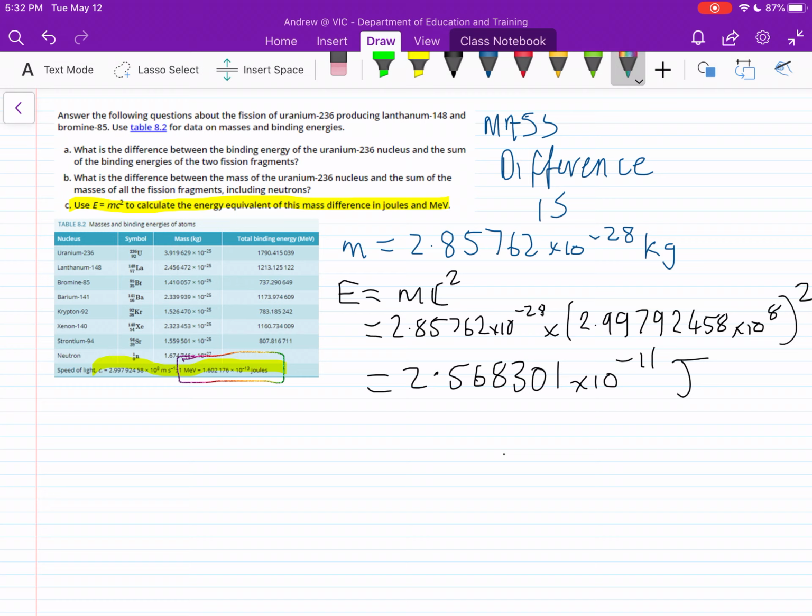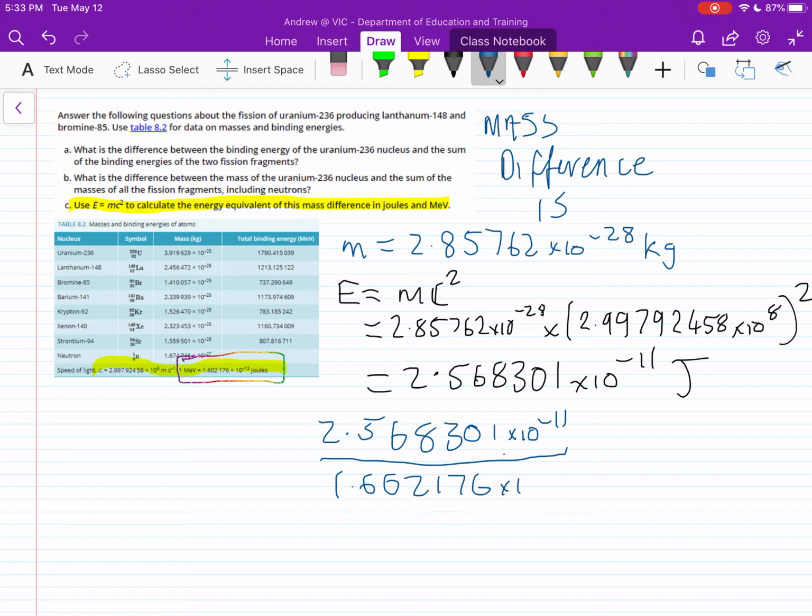So to work it out in mega electron volts, we just need to take the value that we got there and divide it by 1.602176 by 10 to the negative 13. So this is equal to 2.5301, don't forget by 10 to the negative 11, and we need to divide this by 1.602176 by 10 to the negative 13.